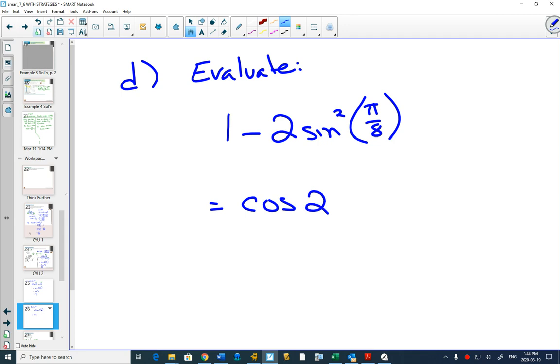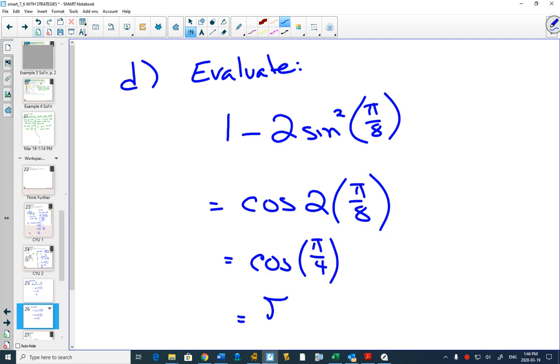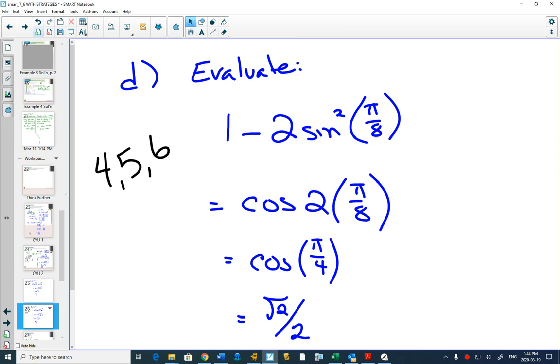And it matches up with the cos one, cos 2 times pi over 8, which is just pi over 4. And you get the square root of 2 over 2. So questions 4, 5, and 6 for practice.